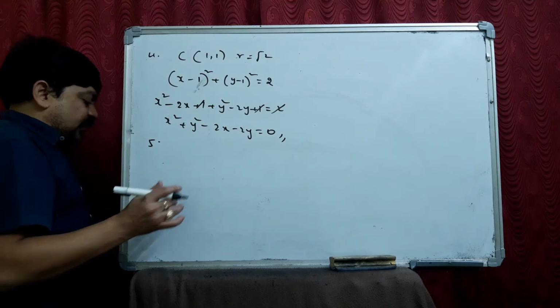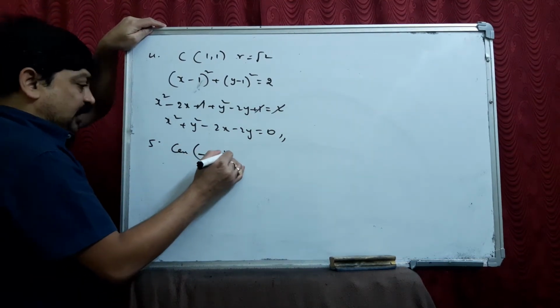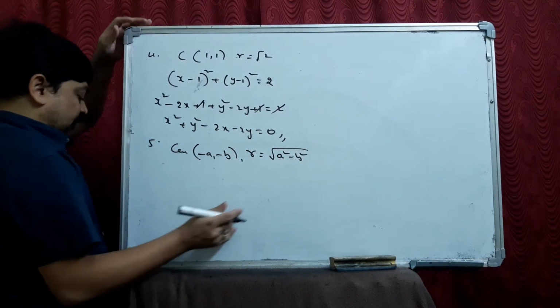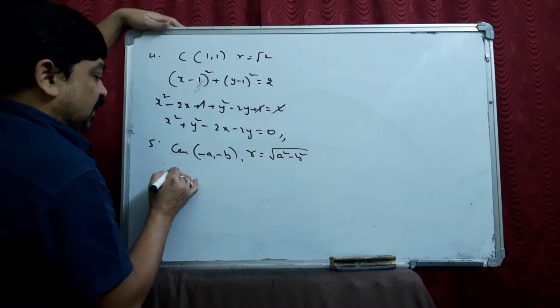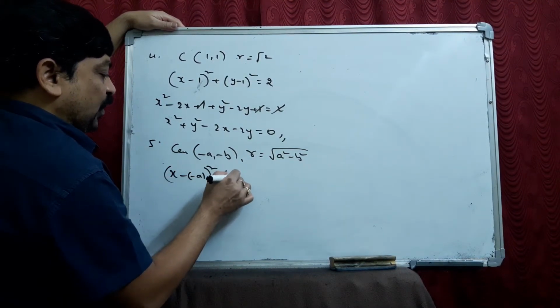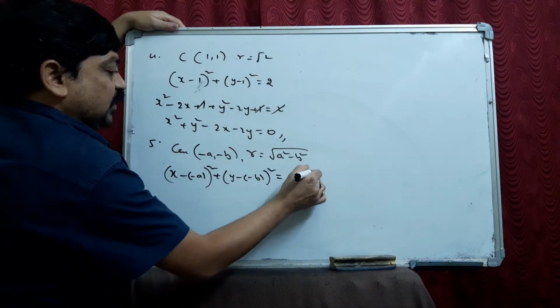See the fifth one, center. Center C is minus a, minus b, r equal to root of a square minus b square. Now let us write x minus h whole square, y minus k whole square is equal to r square. You can write this.